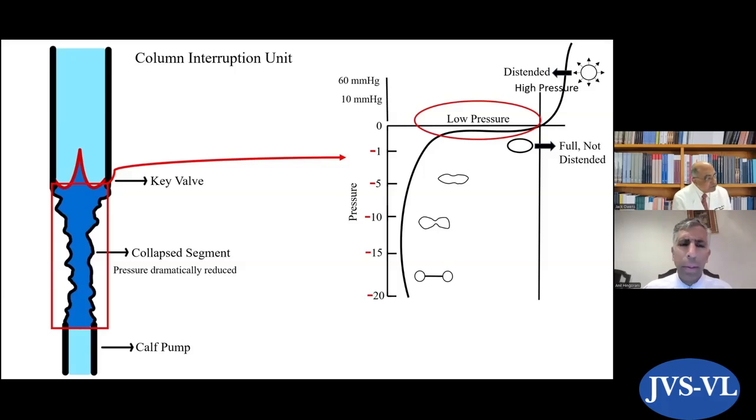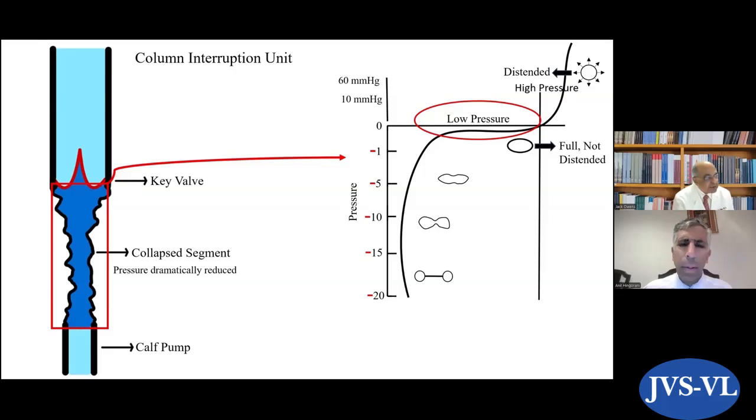If you get good collapse and good calf pump action, you get a volume pressure curve shown on the right side. This is the famous tube law.